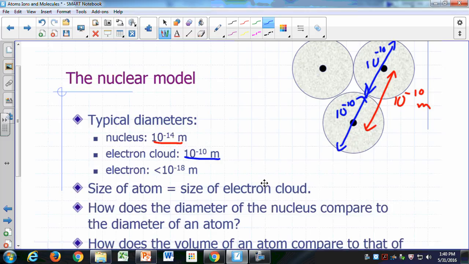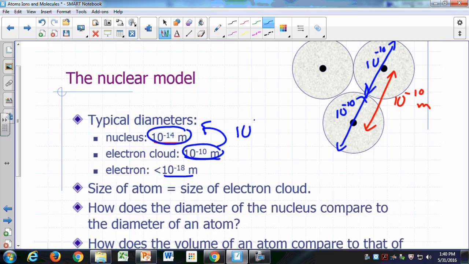The electron itself is even smaller than the nucleus. It's estimated to be less than 10 to the negative 18 meters. So let's take a look at these numbers. How does the electron cloud, 10 to the negative 10, compare to the nucleus, 10 to the negative 14? 10 to the negative 10 is much bigger than 10 to the negative 14. How much bigger?